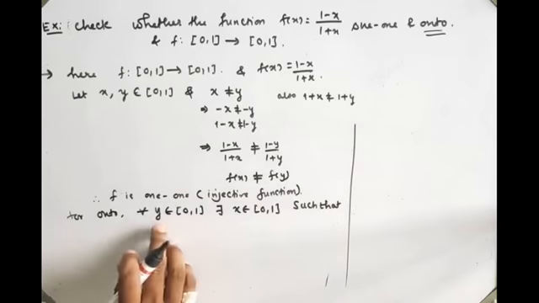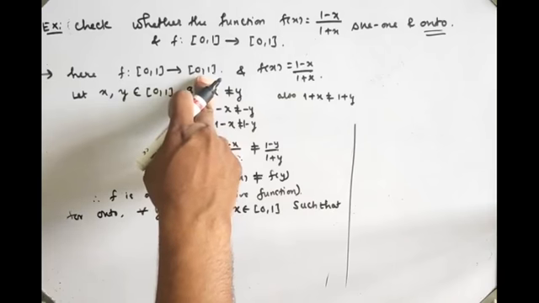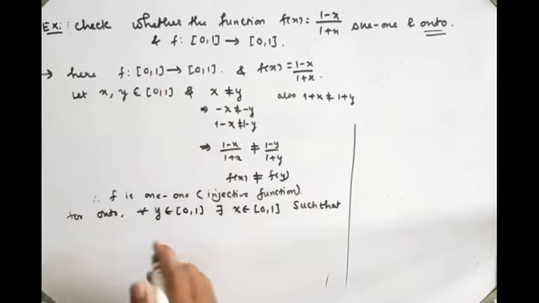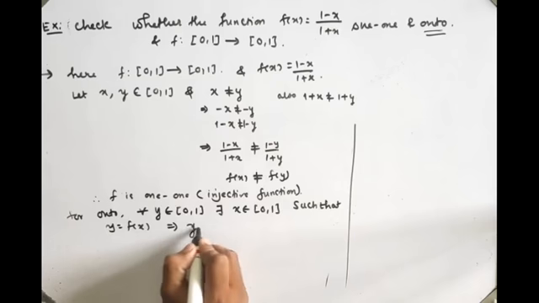So for any value of y from the codomain, there always exists a value of x in the domain such that y is equal to f of x. So y is equal to, what is f of x?